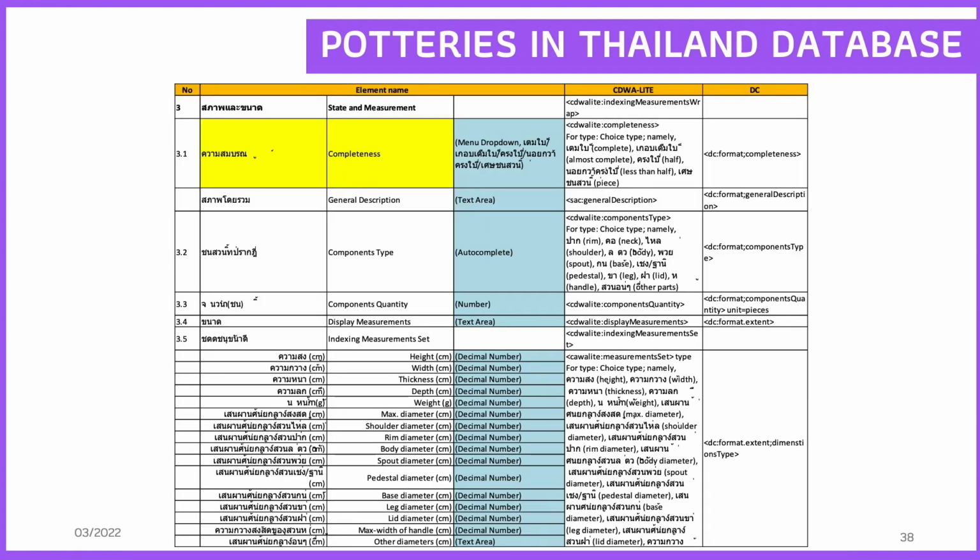State and measurement indicates how complete the condition of the pottery is, the parts that appear or are analyzed, and the size of each part, such as the lip, neck, shoulder, belly or body, spout, bottom, foot or base, legs, caps, and handles.